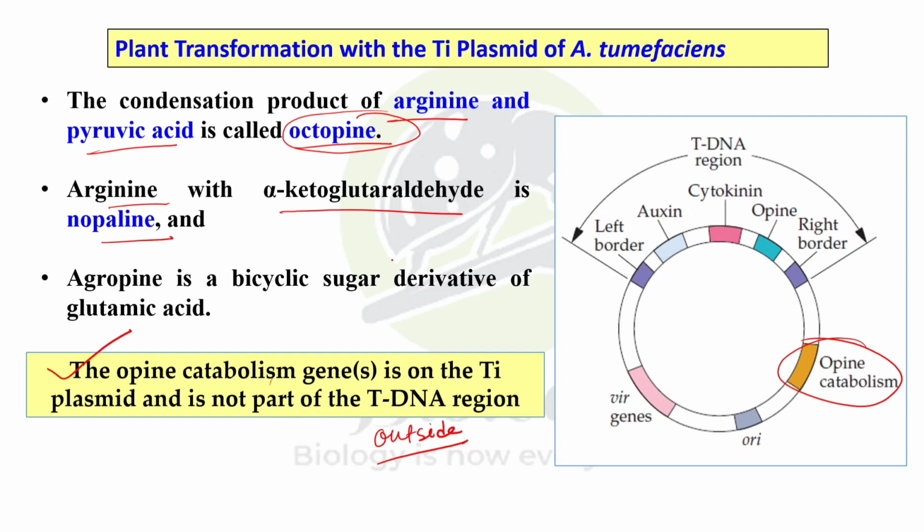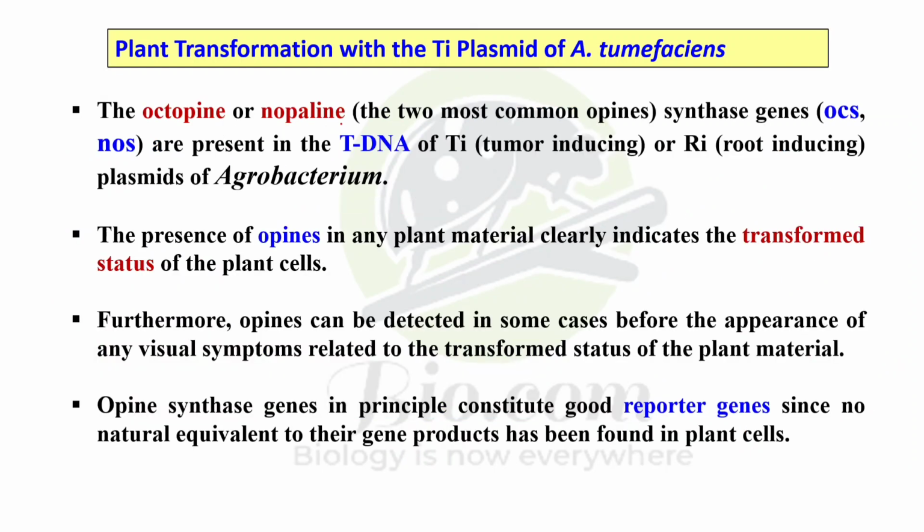So agropine is a bicyclic sugar derivative of glutamic acid. So you have to remember octopine, nopaline and agropine. Now this octopine and nopaline, the two most common opine synthase genes, are present in the tDNA of Ti as well as Ri. Ri is for root inducing plasmid of Agrobacterium. So the presence of opines in any plant material clearly indicates the transformed status of the plant cell.